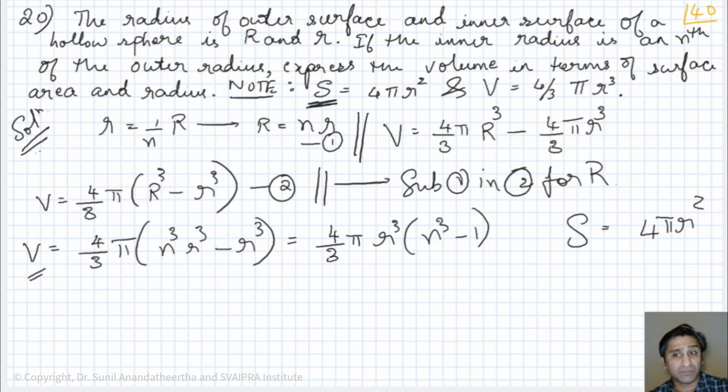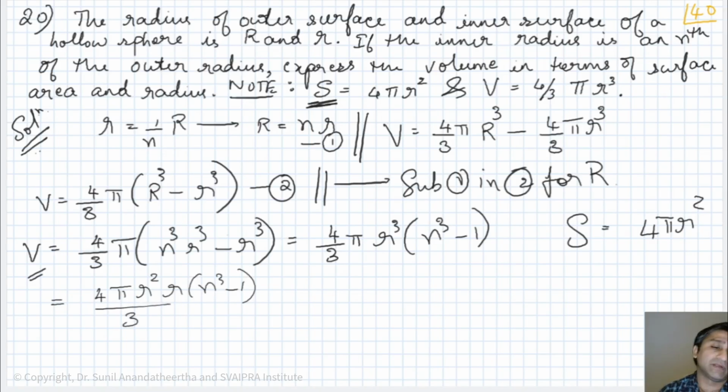So it is completely possible for us to bring in the s term inside this equation. So what we do then is 4 pi r squared r (n cubed minus 1), divided by 3. The only thing that I did was break this r cubed into r squared times r, that's all.